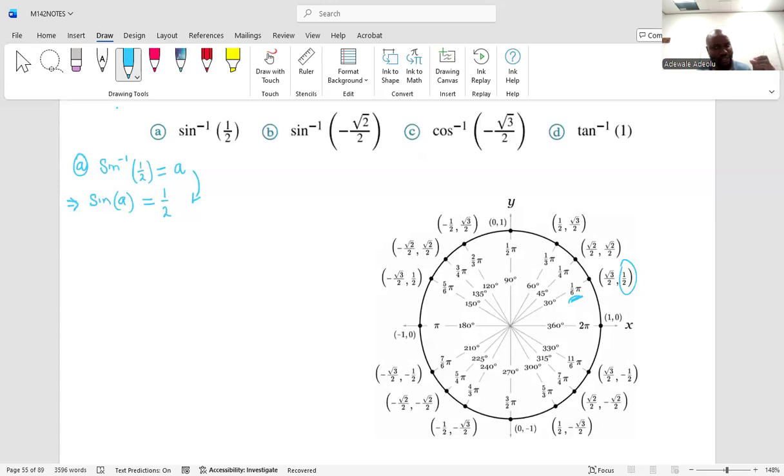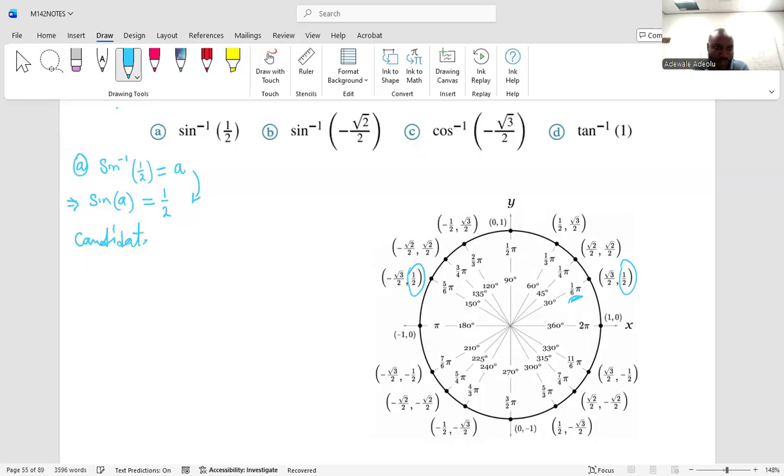Then someone might say, wait, that is not the only place where sine is 1/2. Look at this place. Sine is also 1/2 there. Okay. Now, what can we do? Well, I would say candidates.